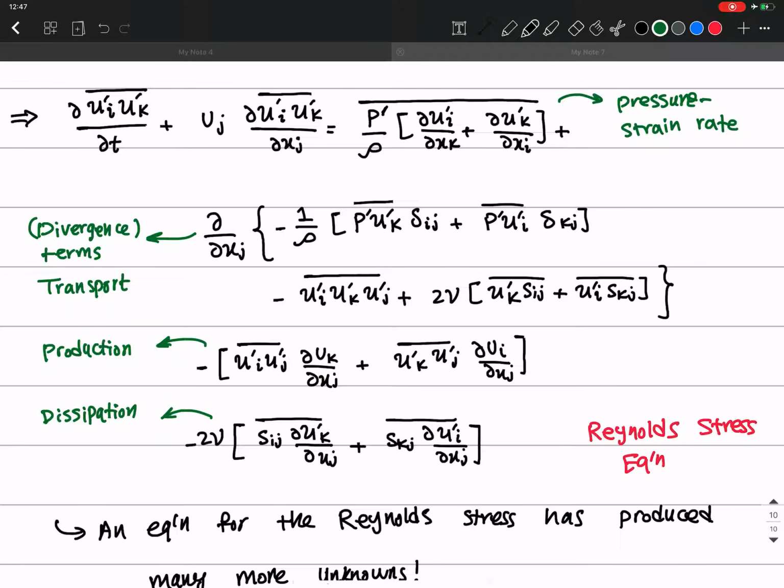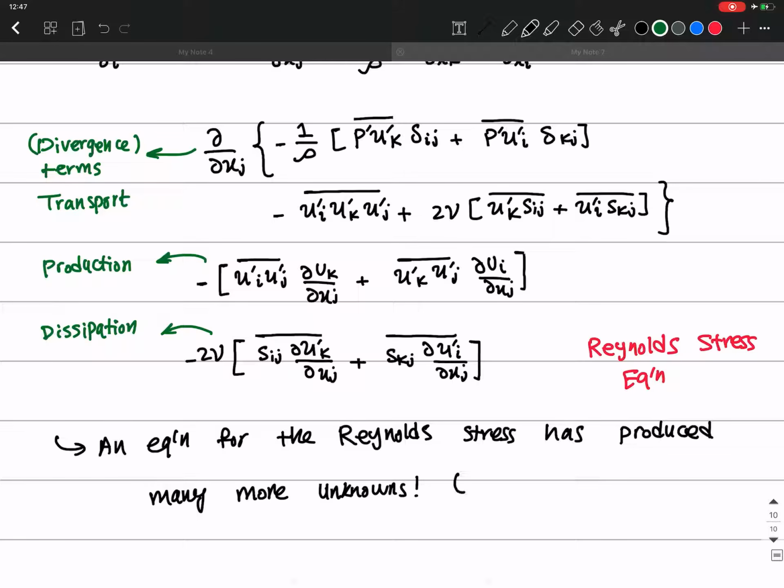So if we want to solve this, we need to parameterize these unknowns again. This is a loop that is never going to end. If we want to add more equations, we are going to get more unknowns. This is the most difficult part of the turbulence problem, that we cannot close this, and this is called the closure problem.